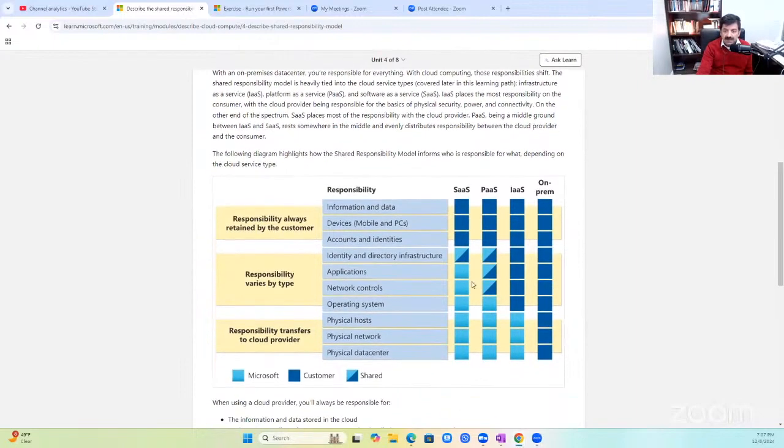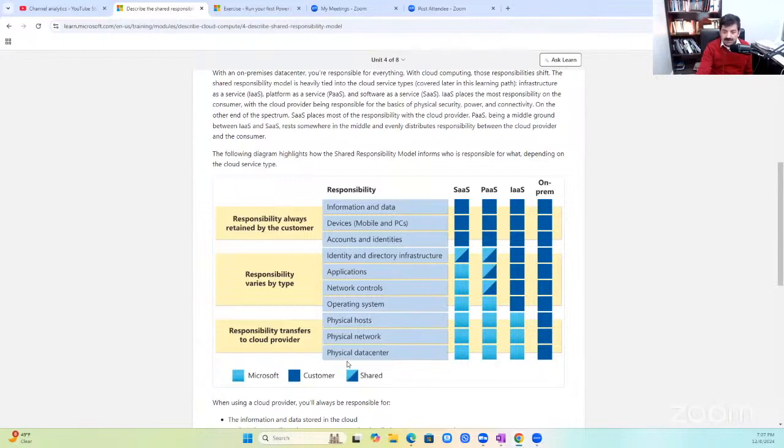This is an interesting model. It shows what the responsibility is, and whether the responsibility for a particular task under this service belongs to Microsoft, to the customer, or is shared between Microsoft and the customer.